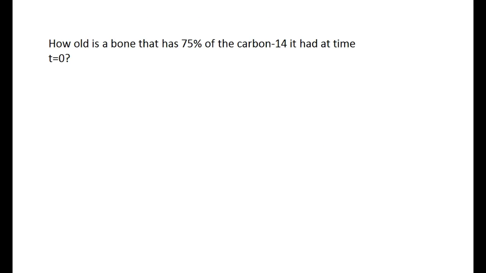And finally, let's turn it around. Let's say we know the percentage and we'd like to know how old the bone is. So 0.75 equals 0.5 to the T over 5,730. Since the unknown quantity is in the exponent, we'll use logarithms to solve this.